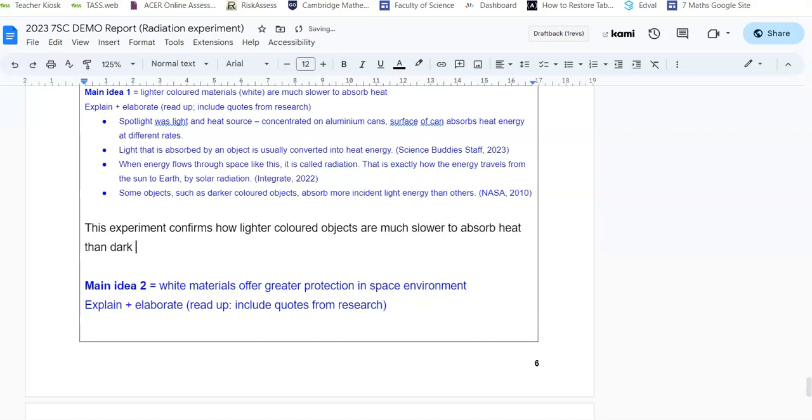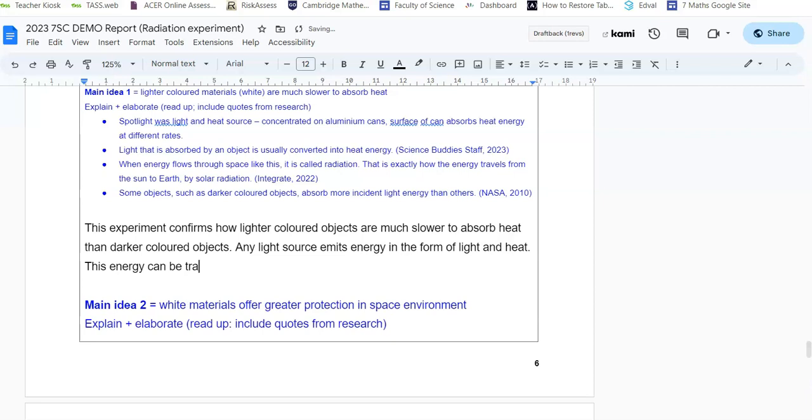So my topic sentence is that this experiment confirms how lighter coloured objects are much slower to absorb heat than darker coloured objects. That's my main idea, my topic sentence. And the rest of this paragraph, I've used my research to explain and elaborate. Any light source emits energy in the form of light and heat.